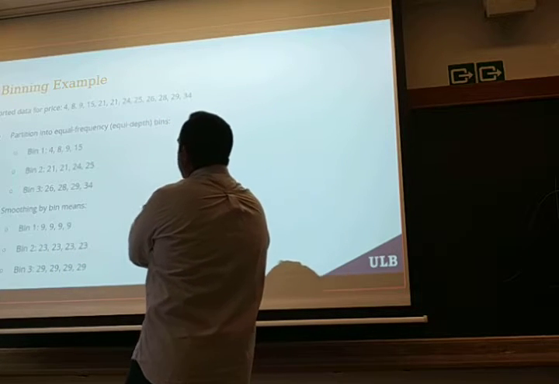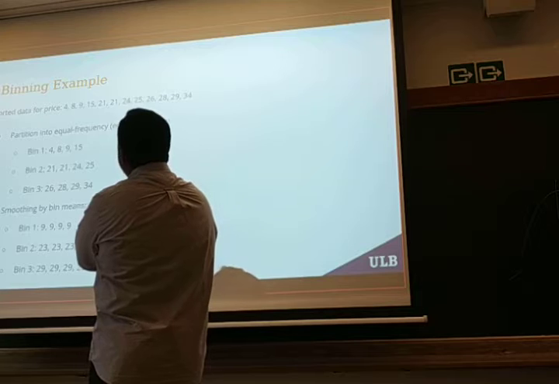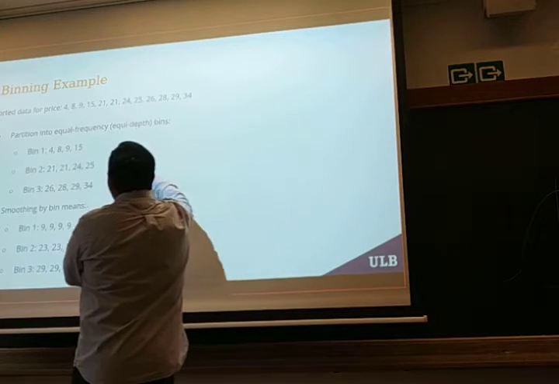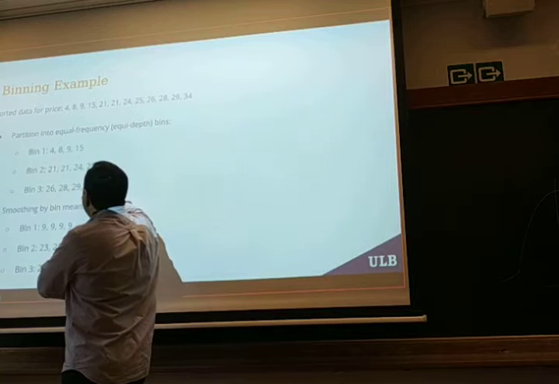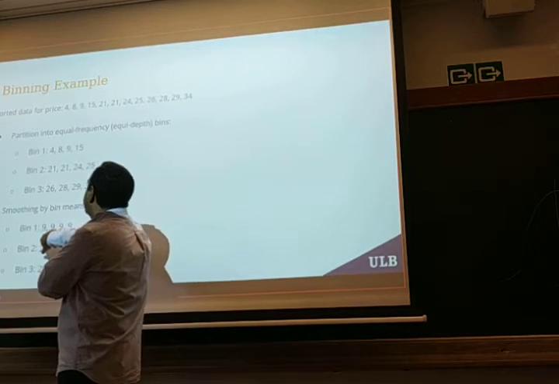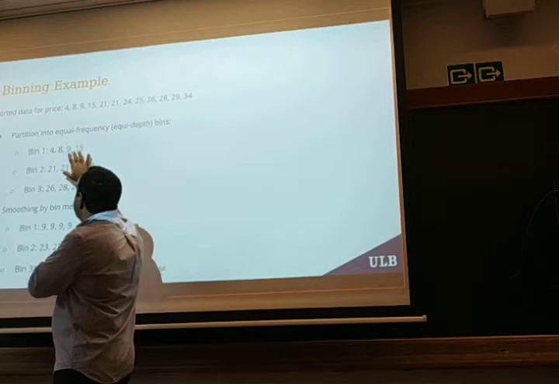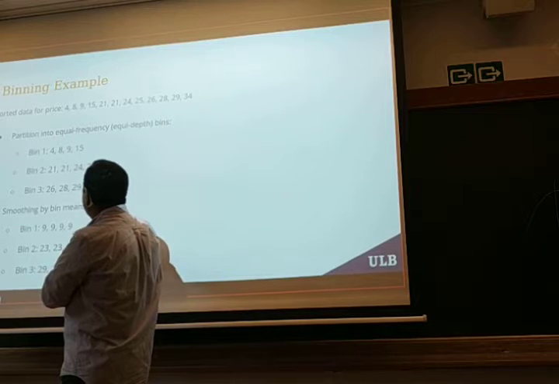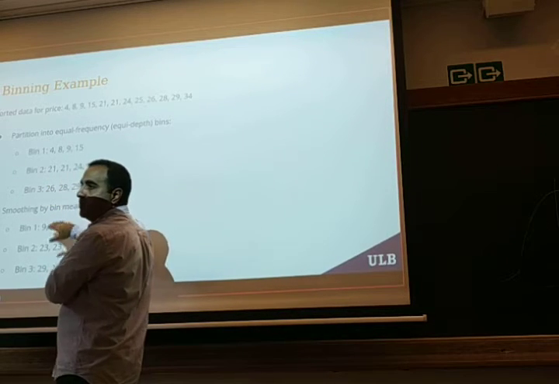So every bin will get 5 values. So we order, and then we put every 5 values in a bin, and then we smooth every bin by its mean. So here the mean is almost 9, so we put 9, the mean is 23. We put them all to 23. You get the idea?